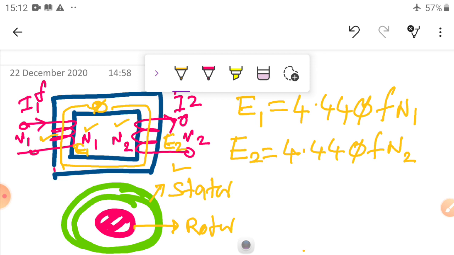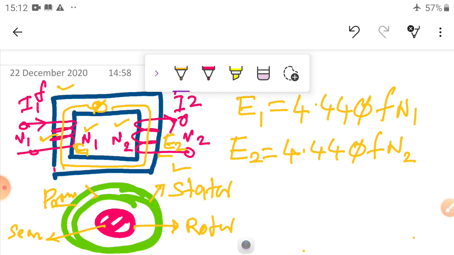The stator is similar to the primary winding of the transformer, and the rotor acts as the secondary of the transformer.